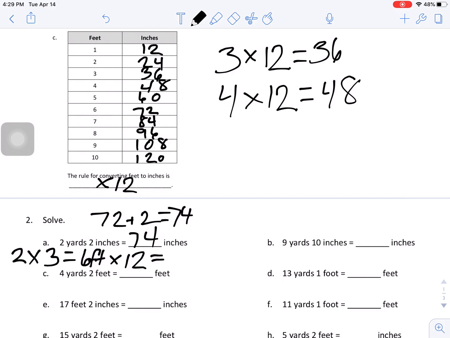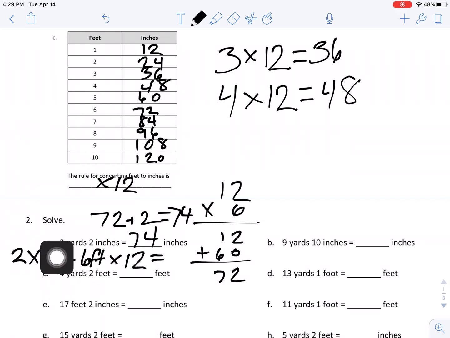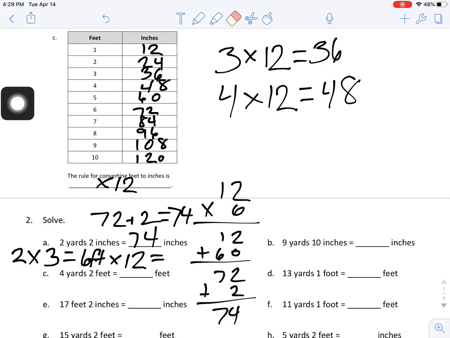Whoops, not 16, it's 12. 12 times 6, and I would say 2 times 6 is 12, and 6 times 10 is 60. Add them together, it is 72. And remember, that is just the 2 yards, and then I have to add the 2 inches, so I'd say plus 2 equals 74, and it matches the answer I got using just the conversion tables.